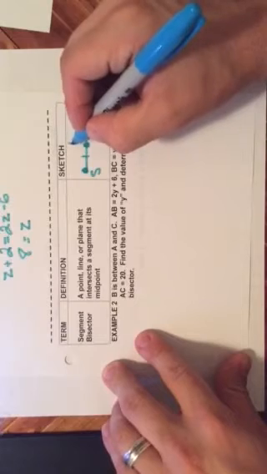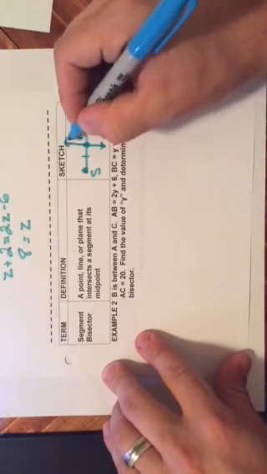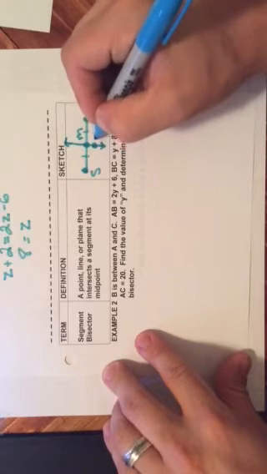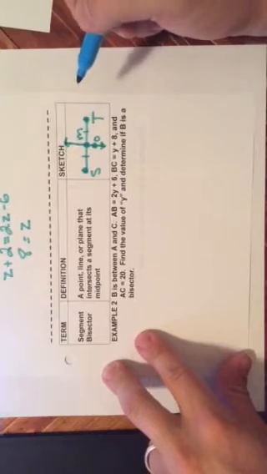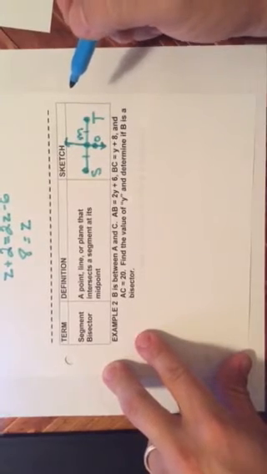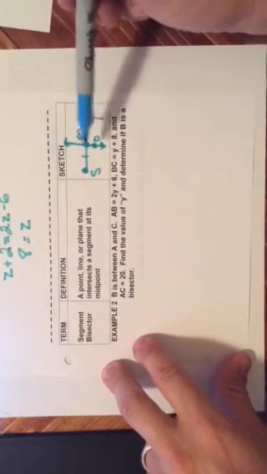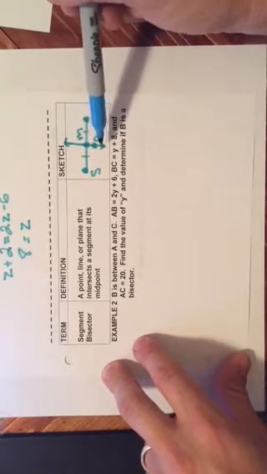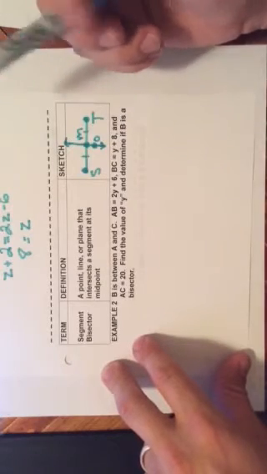To make things a little more interesting now, I could make this line MO, and line MO would also be considered a segment bisector. By calling it a segment bisector instead of a midpoint, it allows me to use anything else, whether it be a point, a line, a segment, a ray, multiple things to bisect that single segment.